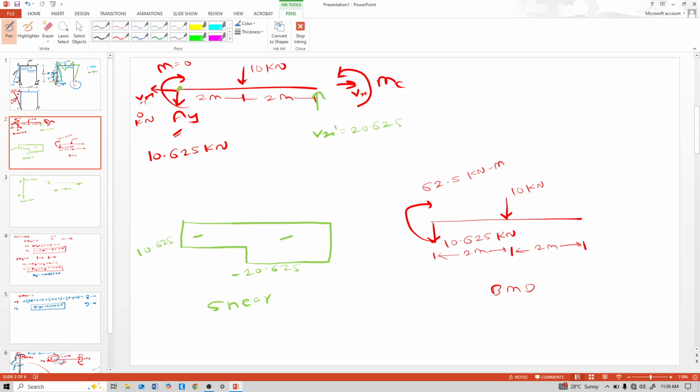At point A it is 62.5 positive. At this point moment is positive 62.5, and this 10.625 is downward, so anti-clockwise to that point, so minus 10.625 into 2, so 41.25 here.